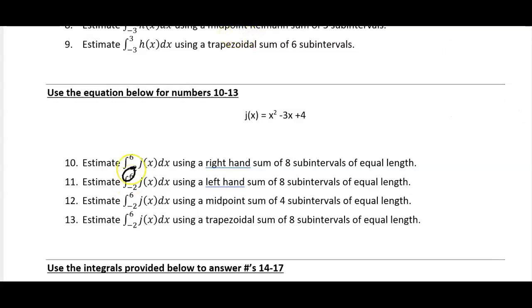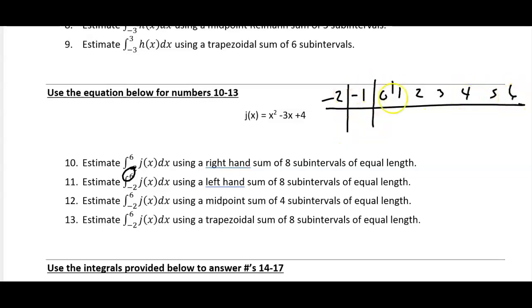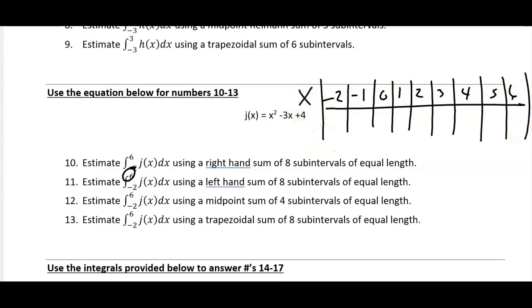So starting with -2, we're going to increase by 1 until we get to our last value, which is 6. And so that's my X row on the top there. The next thing I want to do is create the Y row.